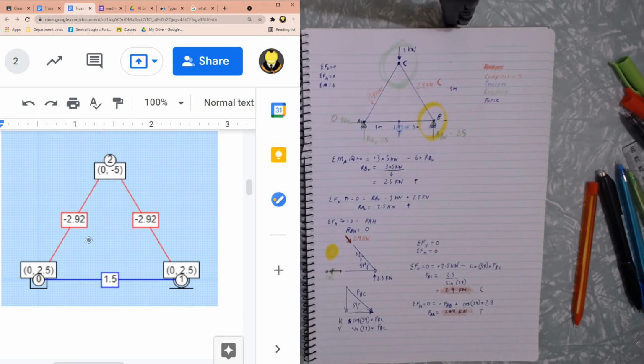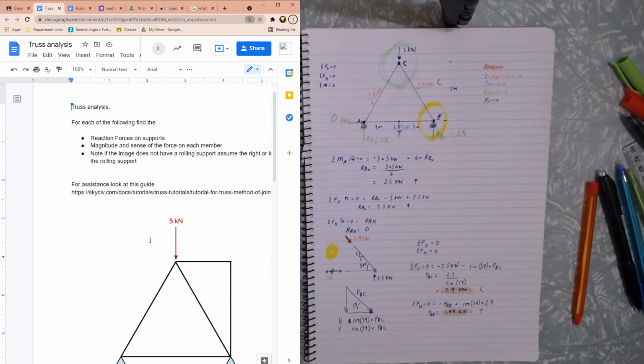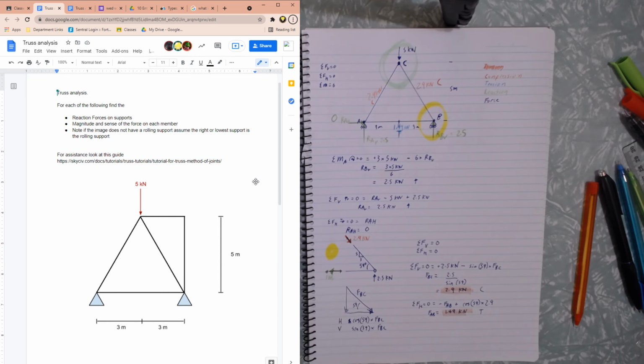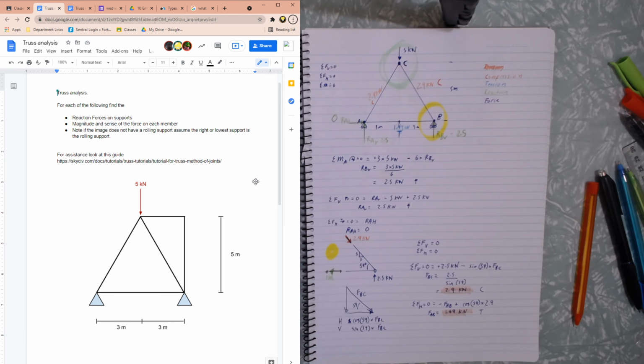So over here we have negative 2.9, negative 2.9, and we have 1.5, which is very close to our 1.49. And that's the correct answer we have there in the simulation. Depending on what the question asks, you can put that into a table, but that is how we solve truss analysis on a simple question of a triangle.